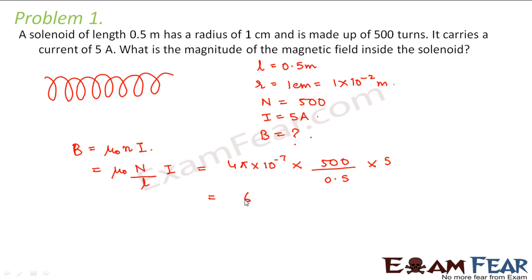So this comes out to be 6.28 into 10 to the power minus 3 Tesla.